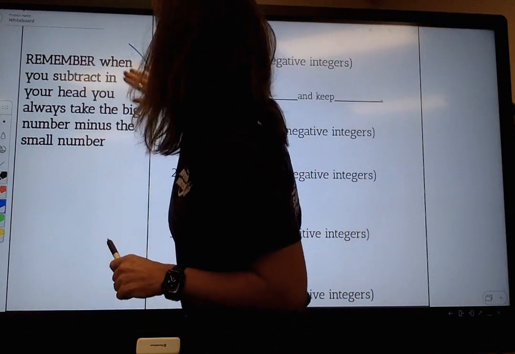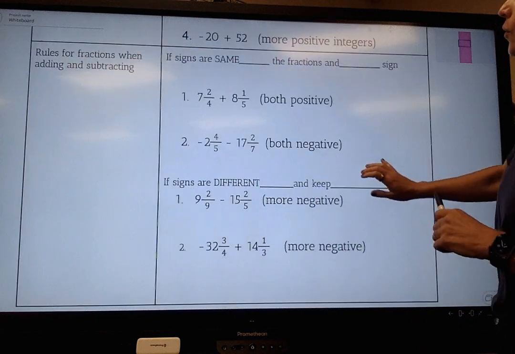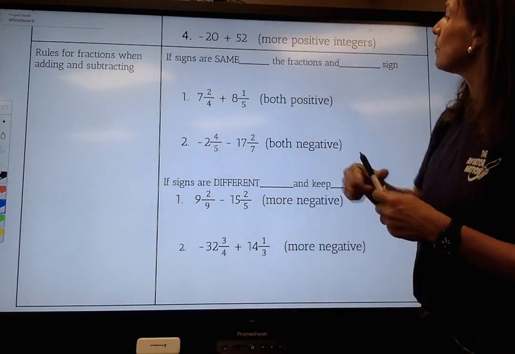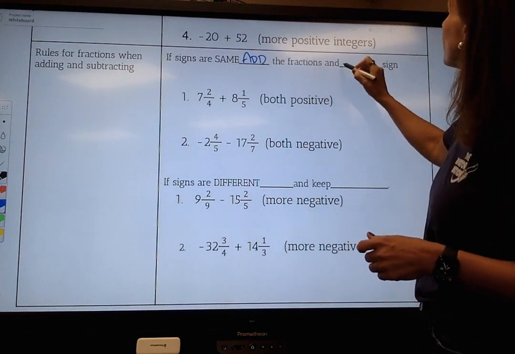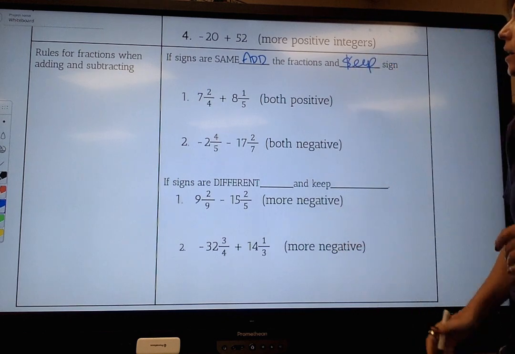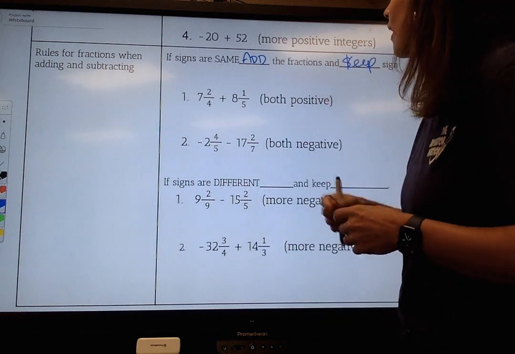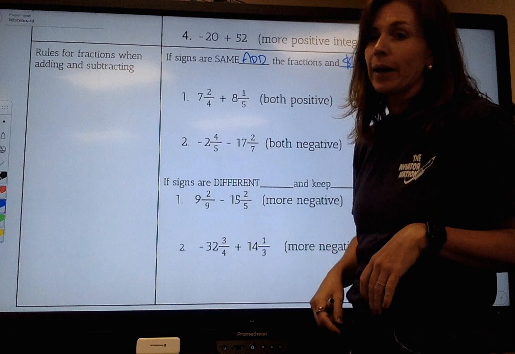So if you look at when we're doing fractions, the rules are the same. If the signs are the same, we're going to add the fractions, and we're going to keep the same sign. So they're both positive, so I'm going to add them, and I'm going to keep that same sign. Now, let's remember when you have fractions, okay?